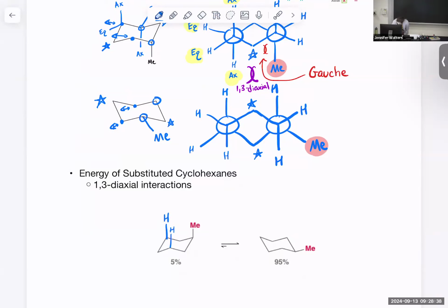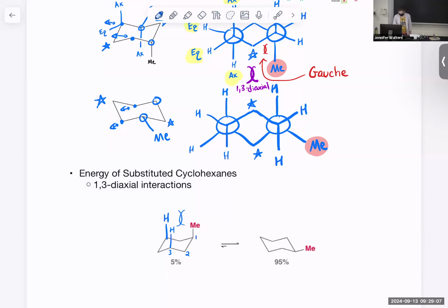The 1,3 diaxial interaction does not require two non-hydrogens like the gauche interaction does. It just requires at least one non-hydrogen. It's called a 1,3 diaxial interaction, not because of IUPAC numbering. It's just saying that if you were to number the connectivity, they're 3 carbons away from each other. That's where you're getting the two axial substituents. So that's where we're seeing that steric interaction.